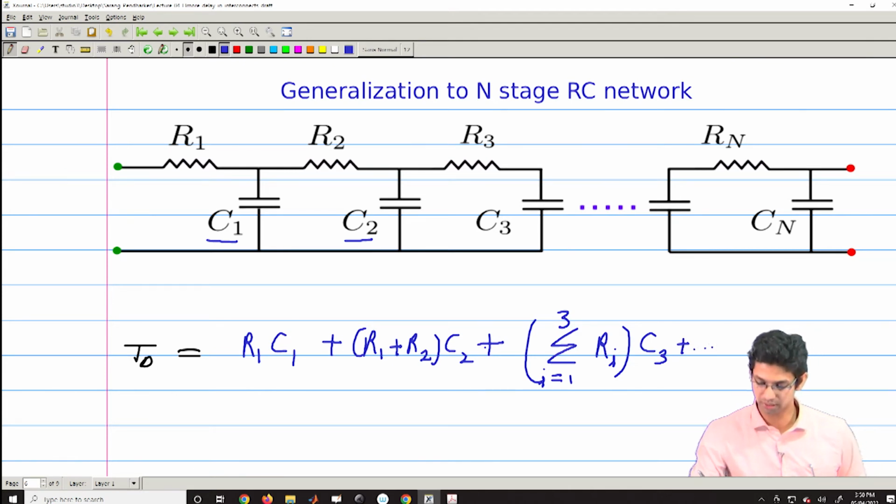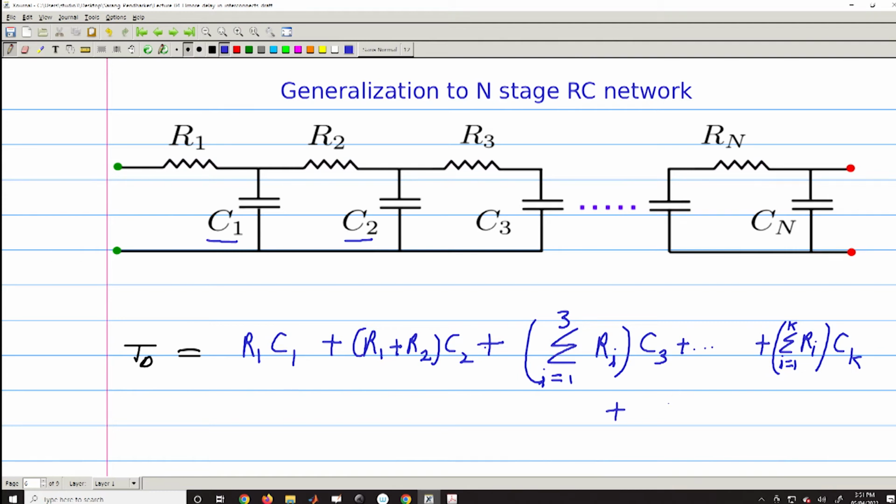I can write for the kth capacitor that all the previous resistors should be incorporated, so the summation should be going till k, of R_i, and then the final term would be summation i going to N of R_i into C_N.